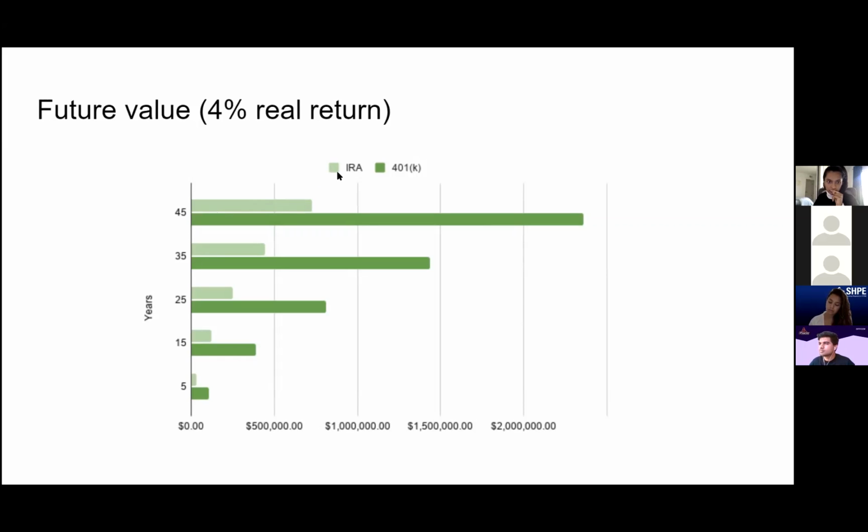If you save $6,000 a year, and we assume a 4% real return from a portfolio, which is a reasonable real return, and you enter the workforce when you're 22 and retire when you're 67, that's 45 years. So we can use that as a benchmark. If you save $6,000 a year for 45 years, when you retire that puts you out to around $700,000. So that's a nice chunk of change.